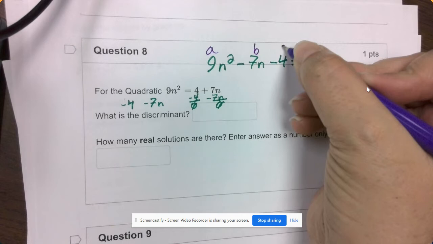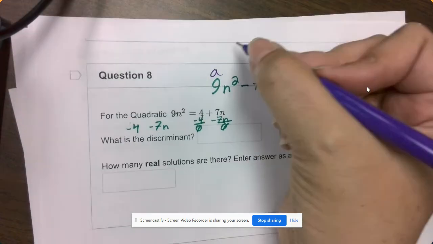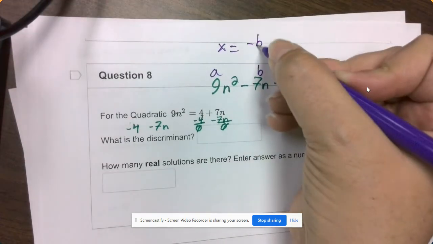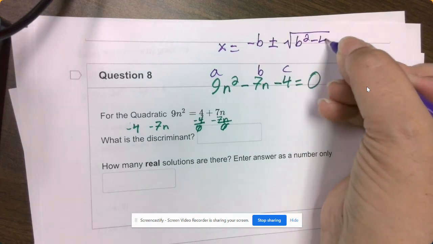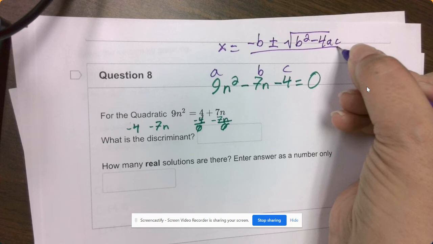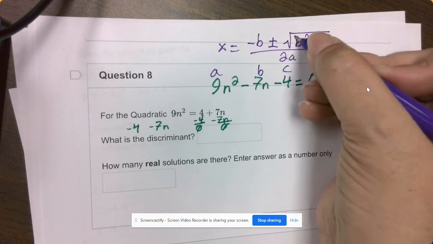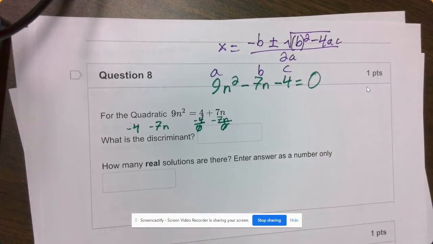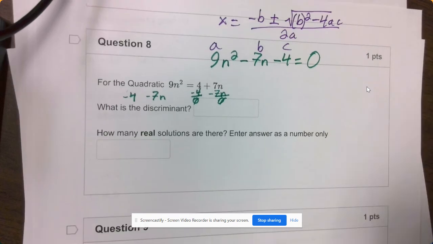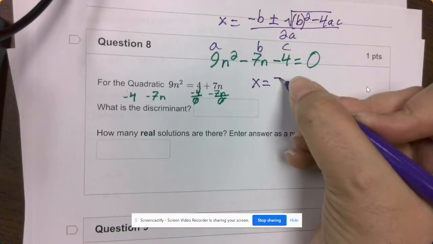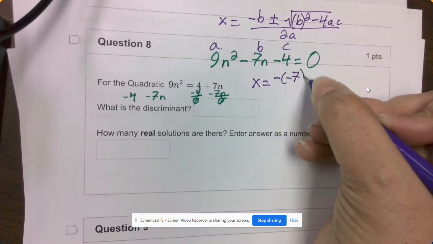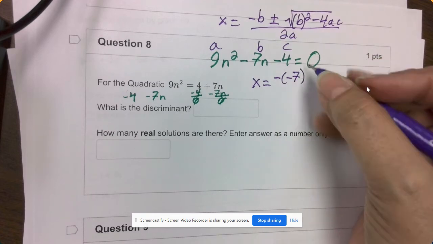Okay, so remember it's x equals minus b plus or minus square root of b squared minus 4ac all over 2a. Remember that b squared has a parentheses around it. So let's plug it in, everybody. So x is going to equal negative 7. Two negatives are going to cancel and make it positive.